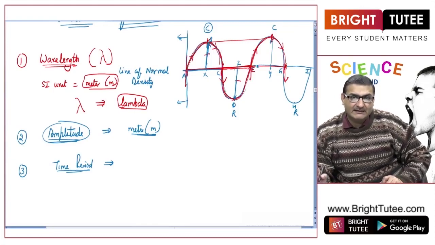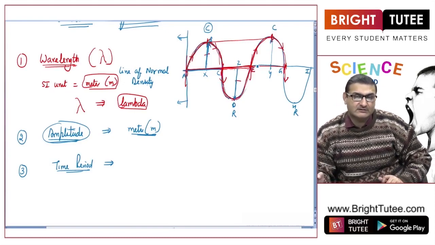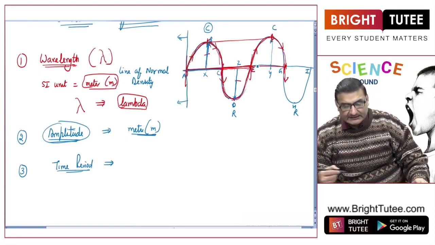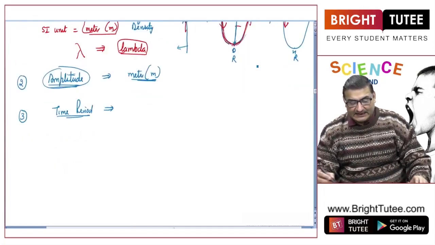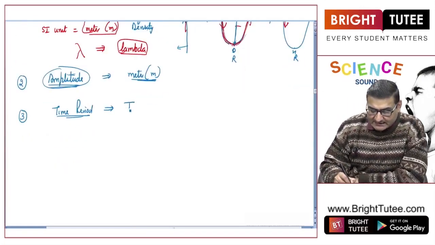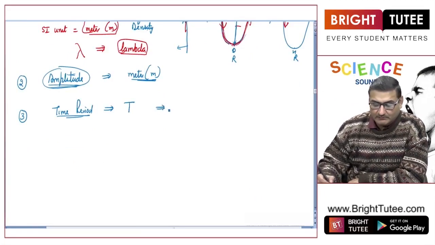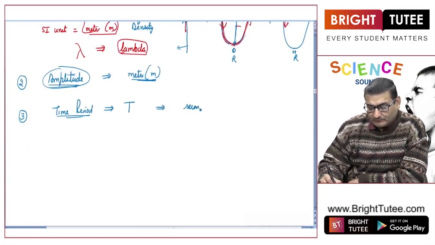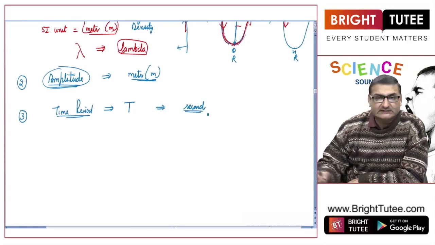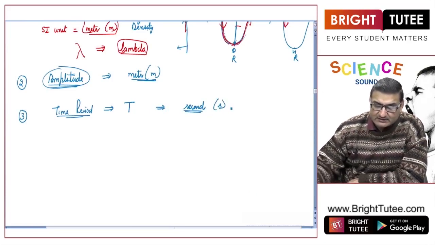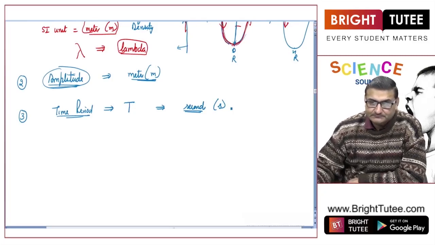So the time taken by this wave to complete one full oscillation is known as the time period. Time period is expressed as capital T, and of course since we are talking about time, the SI unit will be second, represented by small s.